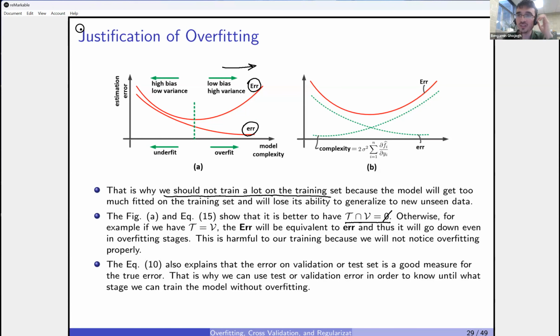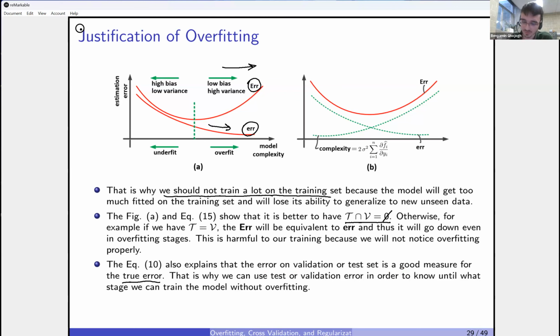So in order to find out when we are starting to overfit, the intersection between the training set and validation set should be empty. Otherwise, the validation error will also continue to decrease, like training, because there is overlap between the training set and validation set. Equation 10 also explains that the error on validation and test set is a good measure for true error.